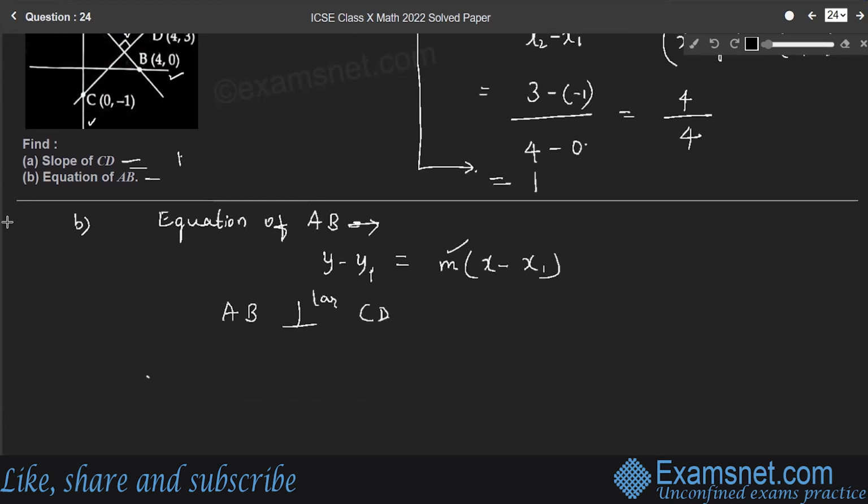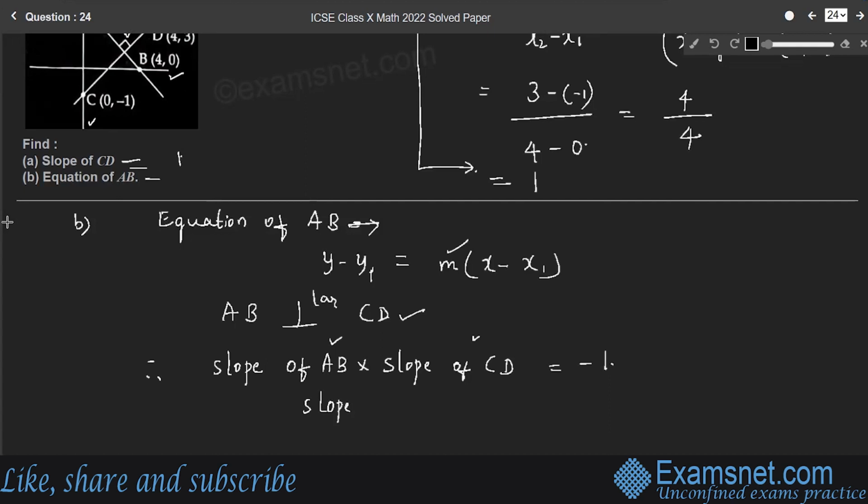Right? Therefore, when two lines are perpendicular, the slope of the first line, which is AB, into the slope of the second line, slope of CD, is always -1. The product of their slopes is always -1 when two lines are perpendicular to each other. So what is the slope of AB?